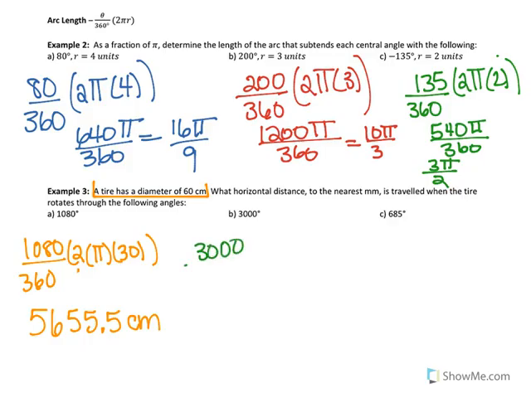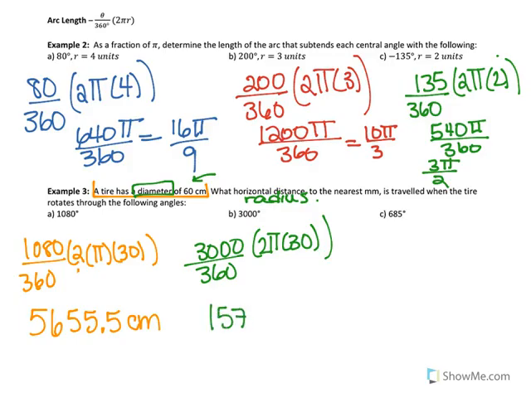So you should have got 3000 over 360 times 2 times pi times 30. By the way, in case you were wondering why I used 30 instead of 60, this is a diameter of 60, so my radius is 30. Be careful with that. I skipped saying that.